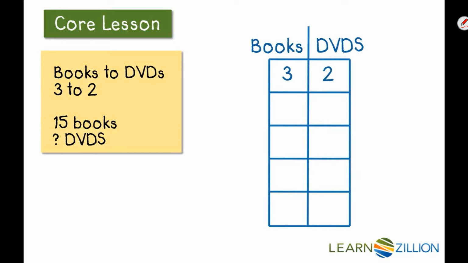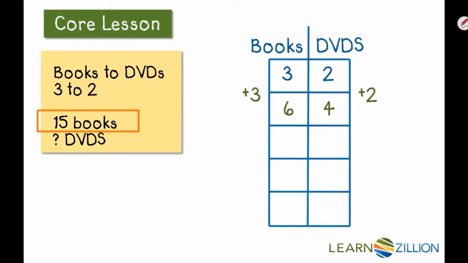Now the idea is that we're going to use equivalent ratios to figure out when Andy has 15 books, how many DVDs does he have? So to start this process, let's think about, well, currently if he had just one set of this ratio, he would have 3 books and 2 DVDs. But what if he had 2 groups?